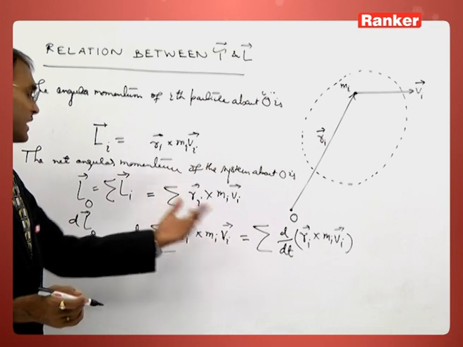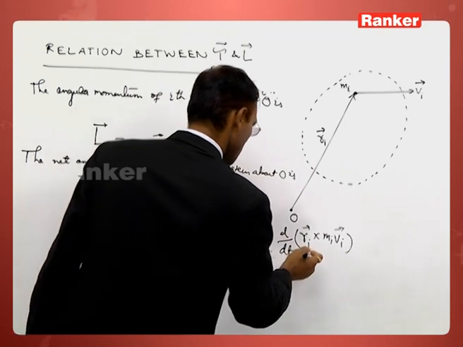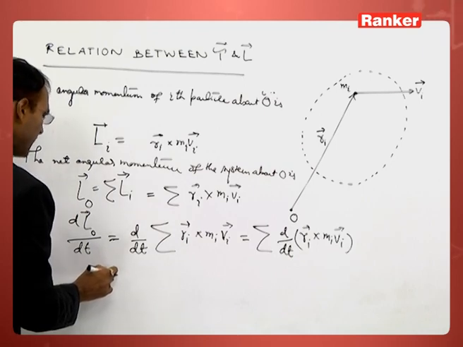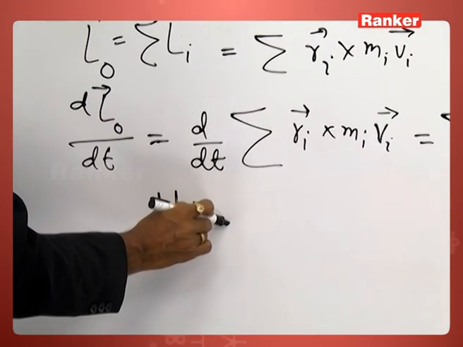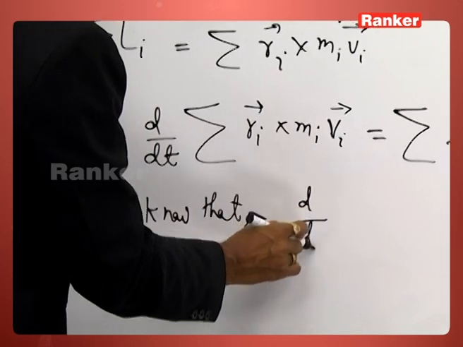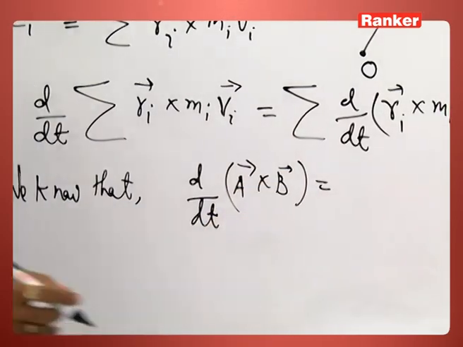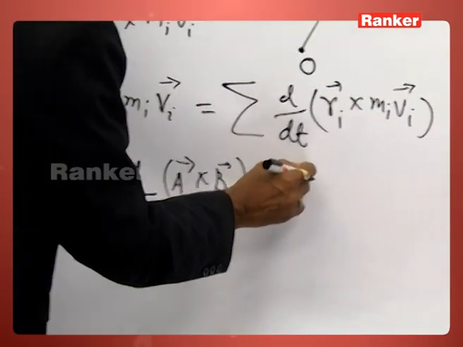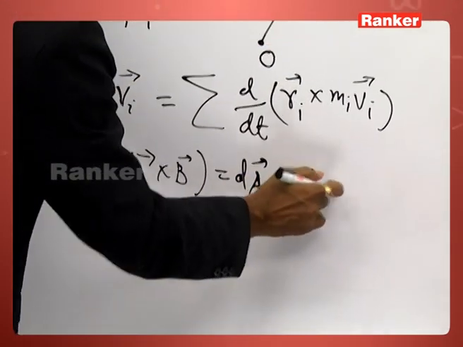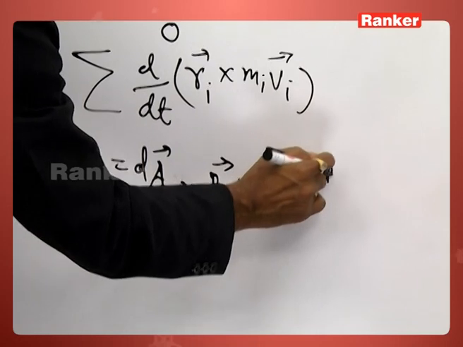The sum doesn't make any change. Let us differentiate this term. We know that the derivative of the cross product of two vectors is equal to vector A cross derivative of vector B plus derivative of vector A cross vector B, that is, the derivative of A cross B equals A cross dB/dt plus dA/dt cross B.